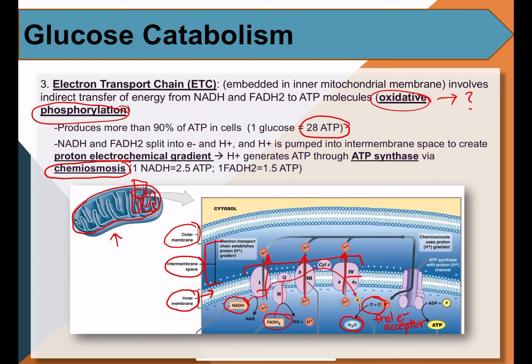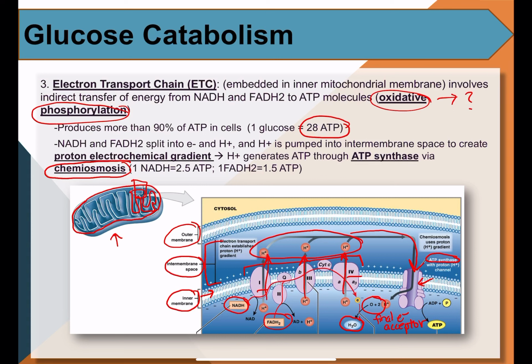The buildup of these hydrogen ions within the intermembrane space creates a concentration gradient that will allow hydrogen ions to flow back into the mitochondria via another integral protein called ATP synthase.